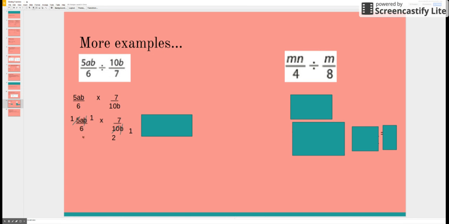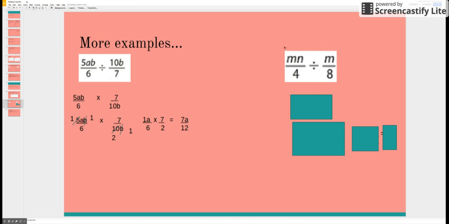So I just multiply across. 1a times 7 gets me 7a, and then 6 times 2 times 1 gets me 12.